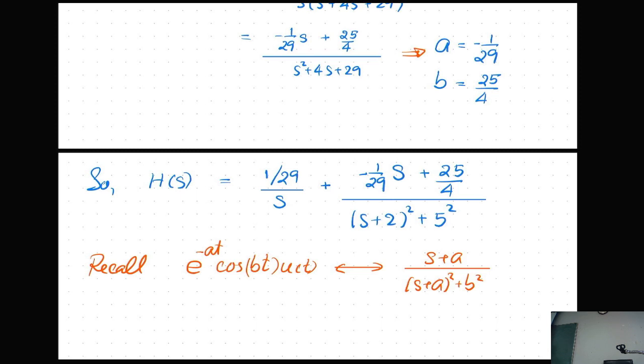But then I have to do something with the numerator to make them in the same form, because what I want is I want the numerator to be s plus a. I want the numerator here to be s plus 2. But now it is not s plus 2, so I have to do something. What can I do?